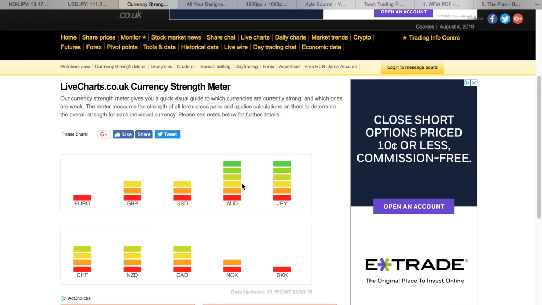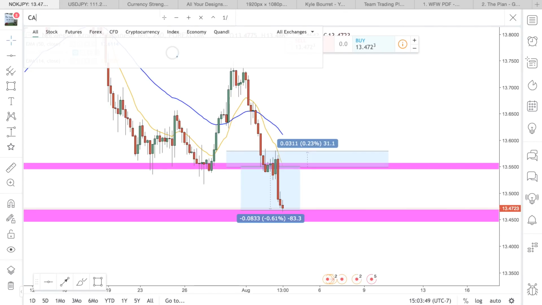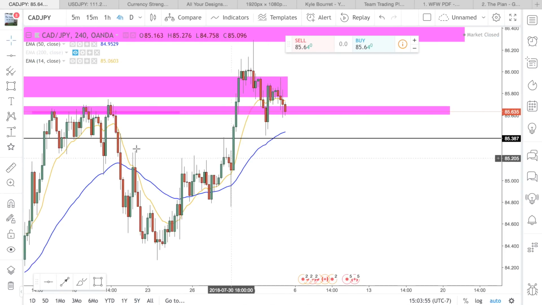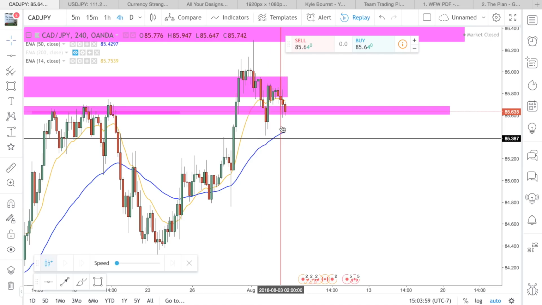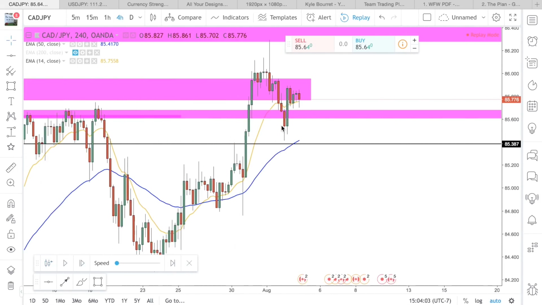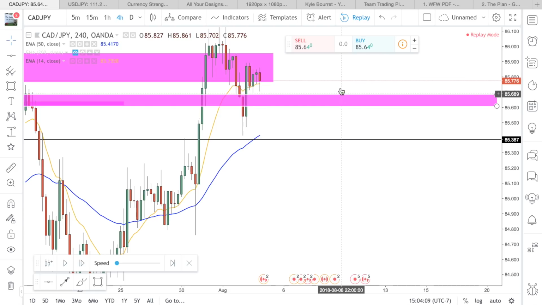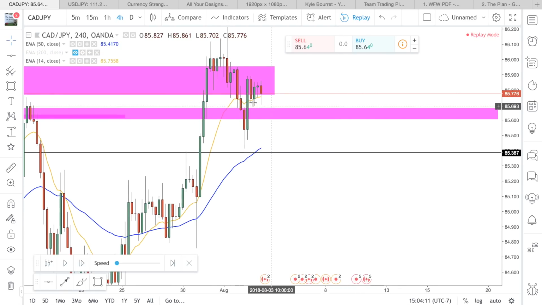Just based off that daily, we are going down. Nothing's going to stop it. Let's look at CAD Jappy. We are making lower lows and lower highs, but this for me is not what I'm looking for. It's not as textbook as I want.